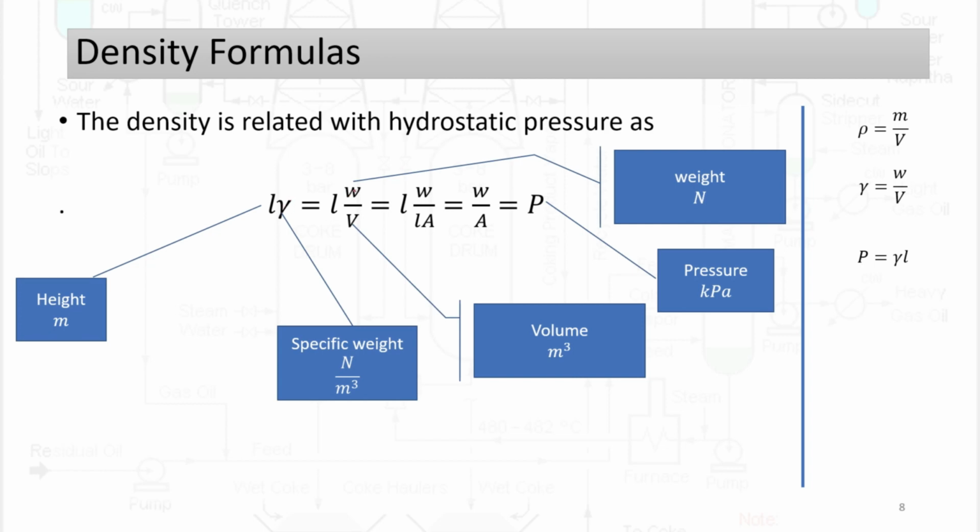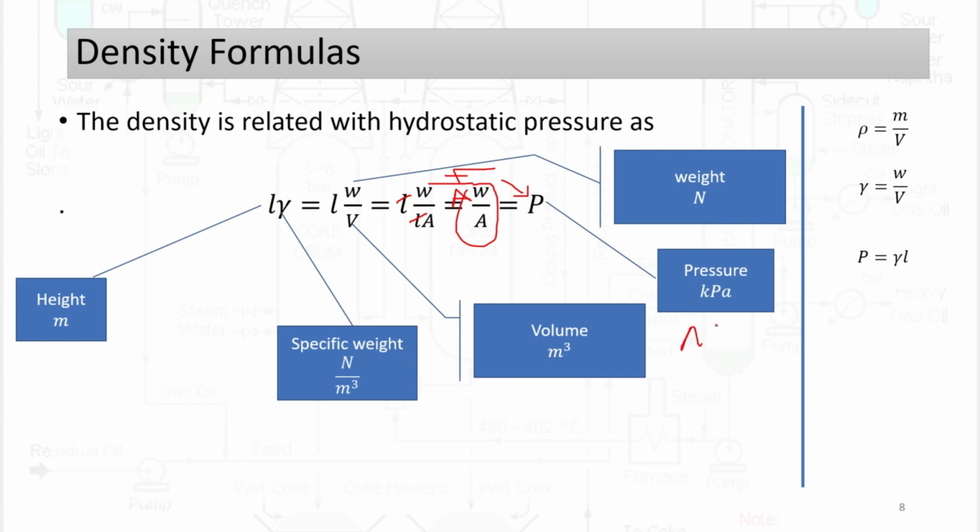We can see specific weight is weight over volume, and volume is the height multiplied by the area. This height will cancel with this height, and it gives me weight over area, and we know this weight is a force, so I can say force over area, which is equal to what? Pressure. In SI systems, Newton over meter square.